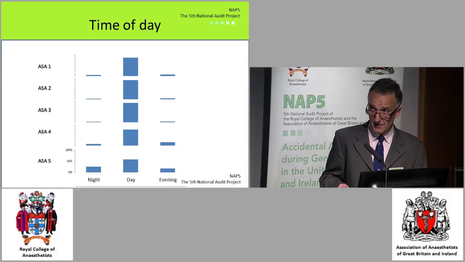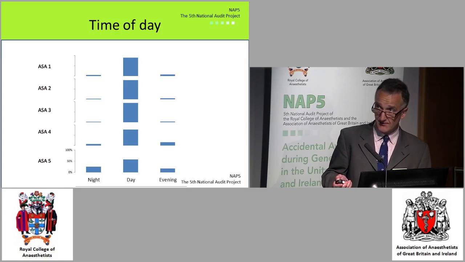Here I've created 5 graphs according to the ASA grade about when these ASA patients were done. This is the percentage within that ASA category. You can see here that for ASA 1s, almost everybody's done during the day, some at night, and by night, I think I mean, if I get this right, from midnight to 8 o'clock.